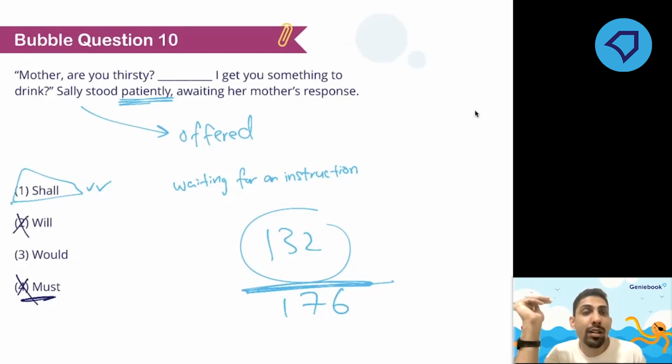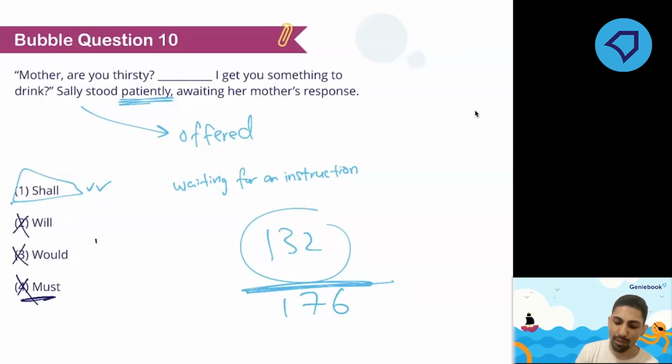Like, "Mother, will you be cooking dinner tonight? Or will we be going out?" See, that one makes more sense. "You will be cooking, Sally." "No. Must I?" See, must. Would doesn't make sense because as I told you, would is either for the past tense or for a hypothetical situation. Let me just write that word down in case some of you want to know.